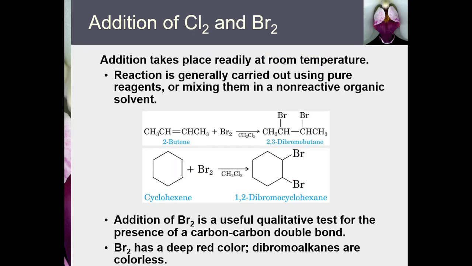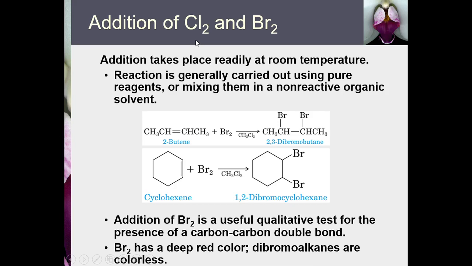Now, how about the addition of chlorine gas and Br2? This one is halogenation. If this is Cl2, that's chlorination, and Br2 is bromination. Addition takes place readily at room temperature. And how is the reaction done?